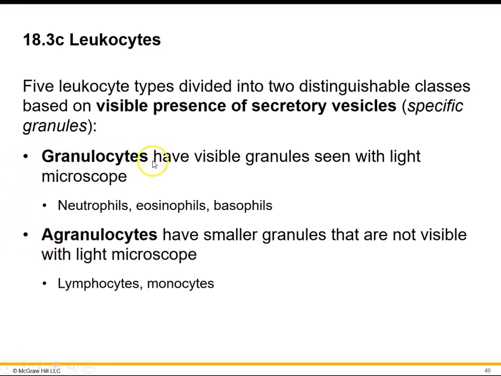The granulocytes have these visible granules when you look at them under a microscope, and this is going to include neutrophils, eosinophils, and basophils. Then you have the agranulocytes, and these guys also have secretory vesicles, okay? But they're just really, really small, and so you can't see them with a light microscope. And this is going to include your lymphocytes and your monocytes.